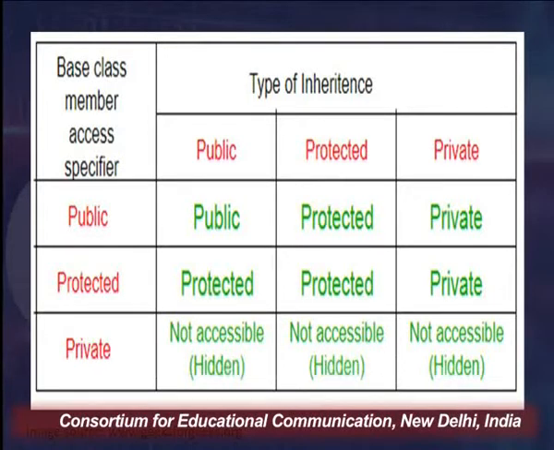Private members are not accessible in any of the columns. When a public member is inherited in private mode it will become private, and when a protected member is inherited in private mode, it will reside inside the private section, while the private members, as they are private, are not accessible to any of the child classes.